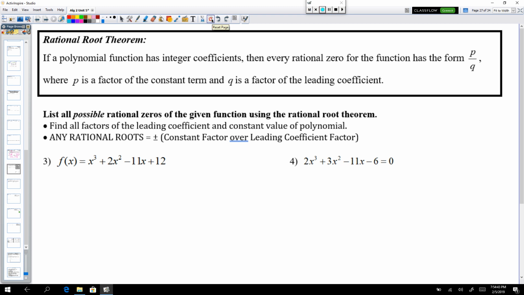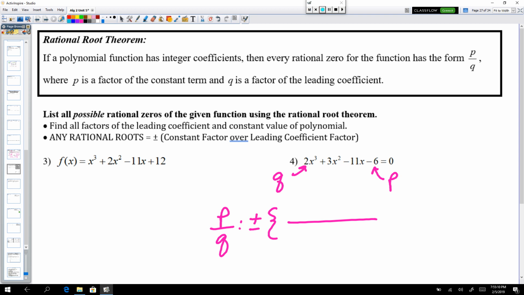So this polynomial has a leading coefficient of 2, so that's where q is going to come from. And it has a constant of -6, so that's where p is going to come from. So the p factors are coming from there, and the q factors are coming from there. I'm going to start off by just throwing my plus and minus out front to take care of that.